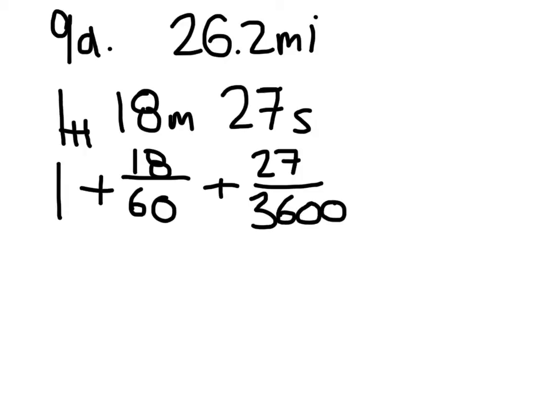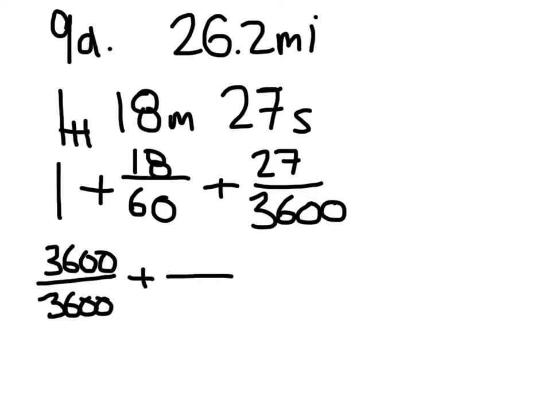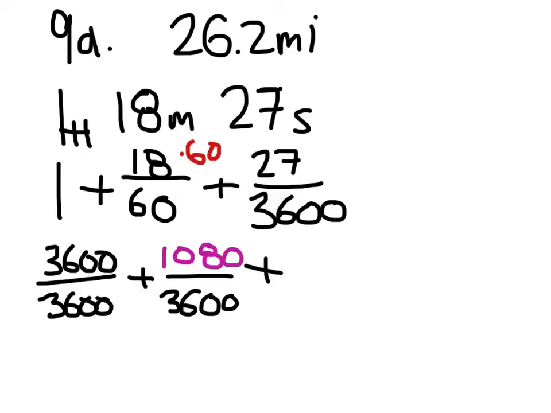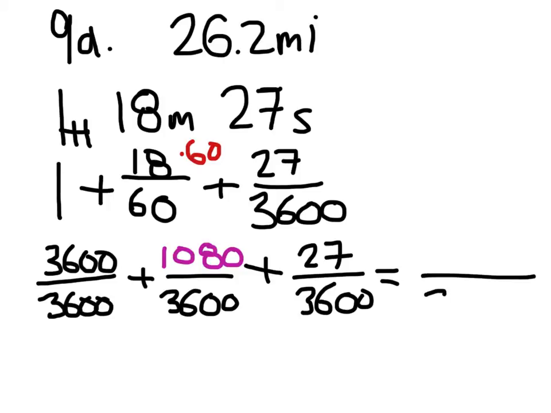You can't add these until you have common denominators, so 1 would be 3,600 over 3,600, plus 18 times 60, which would give you 1080, over 3,600, plus 27 over 3,600. So we have common denominators now, which is 3,600.